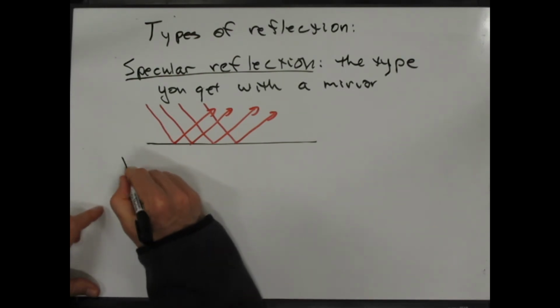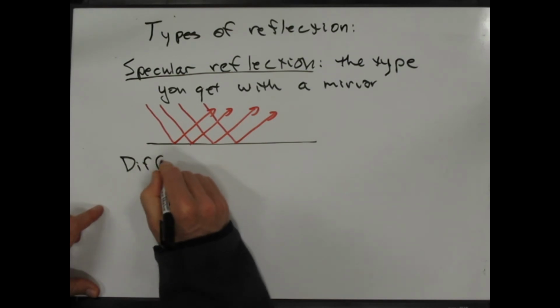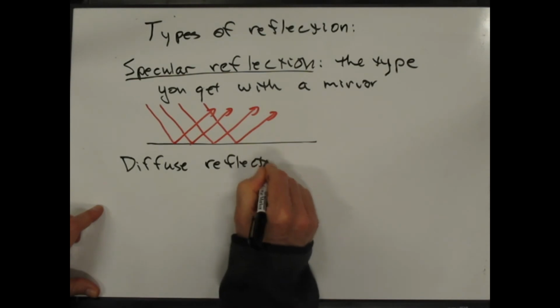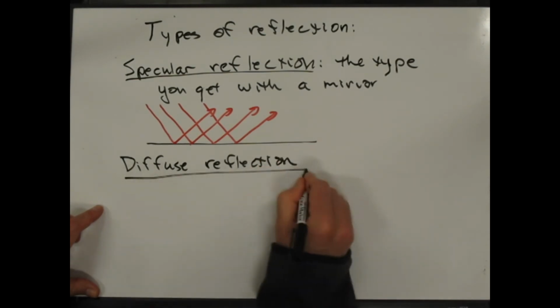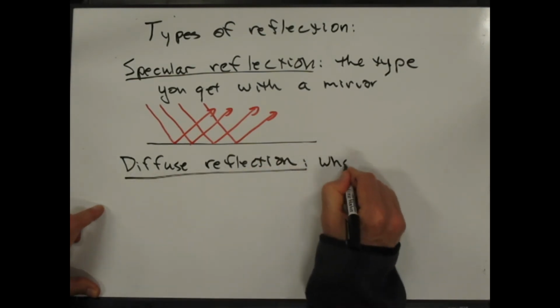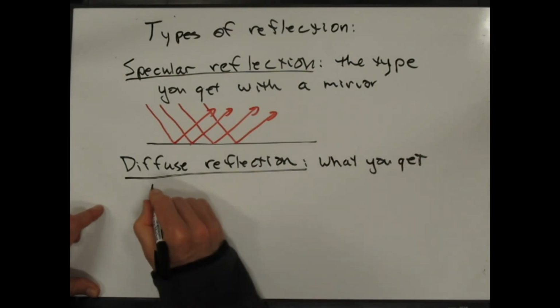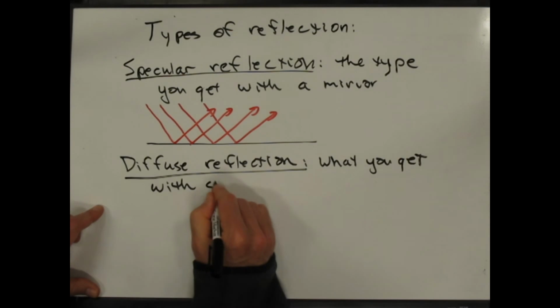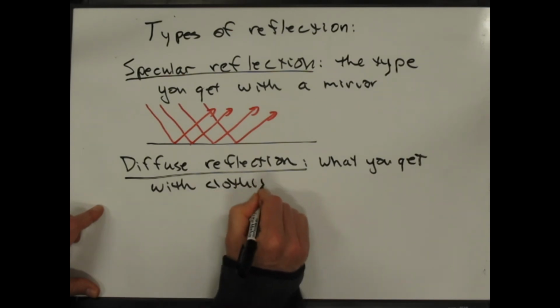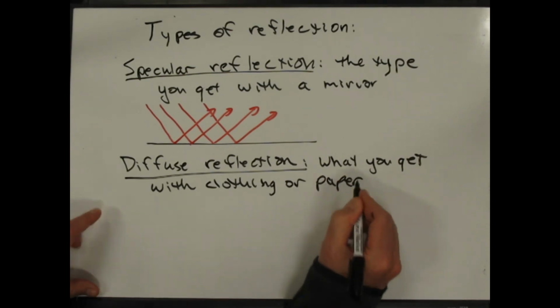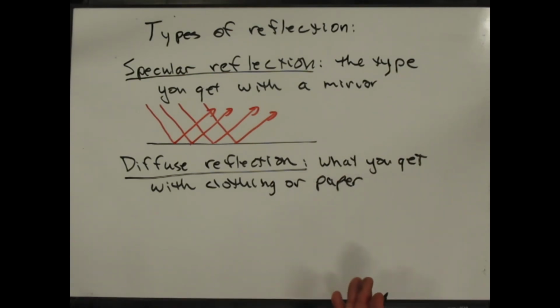The other one is called diffuse reflection. It's the kind of reflection you get with clothing or paper.